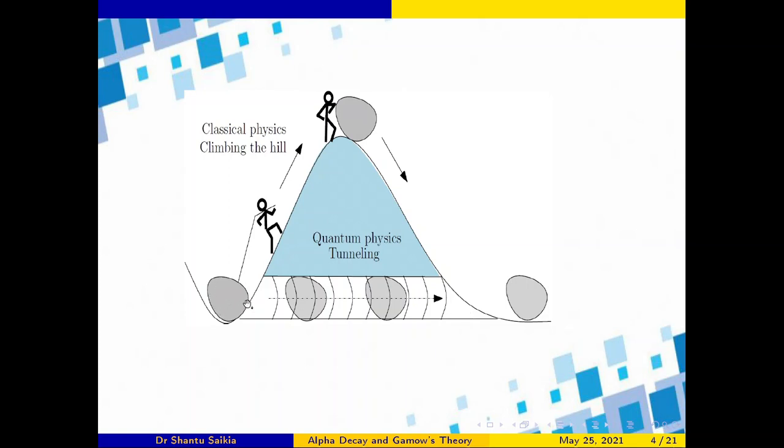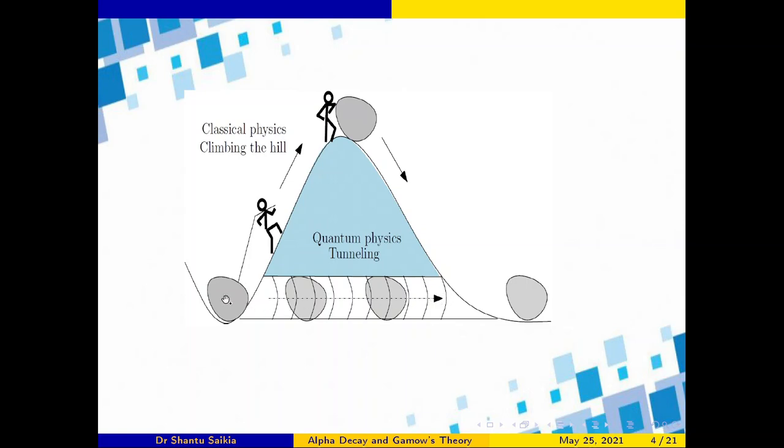Suppose I need to push a stone over this barrier. This is the classical picture. However, quantum mechanically, even if we don't have sufficient energy to cross the barrier, we can tunnel through it. This is a simple illustration of the quantum mechanical tunneling process.